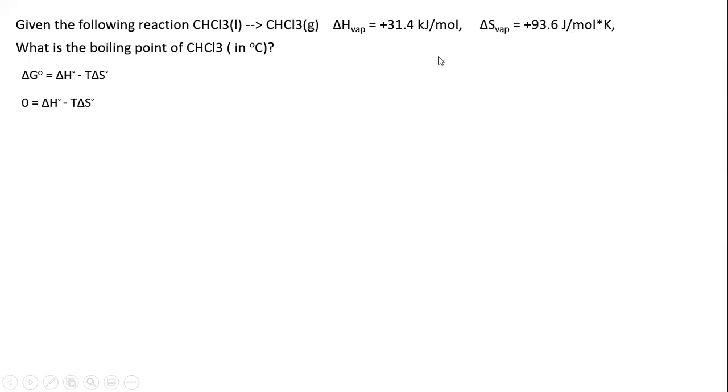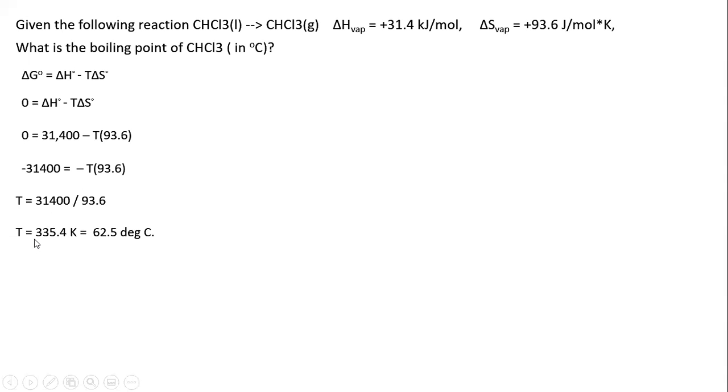And by the way, that's probably the most common mistake made on questions like this: people forget to convert to the same units. Then we solve for T, and we get T is 335.4 Kelvin, and then we convert it to degrees Celsius. So the boiling point for chloroform is 62.5 degrees Celsius.